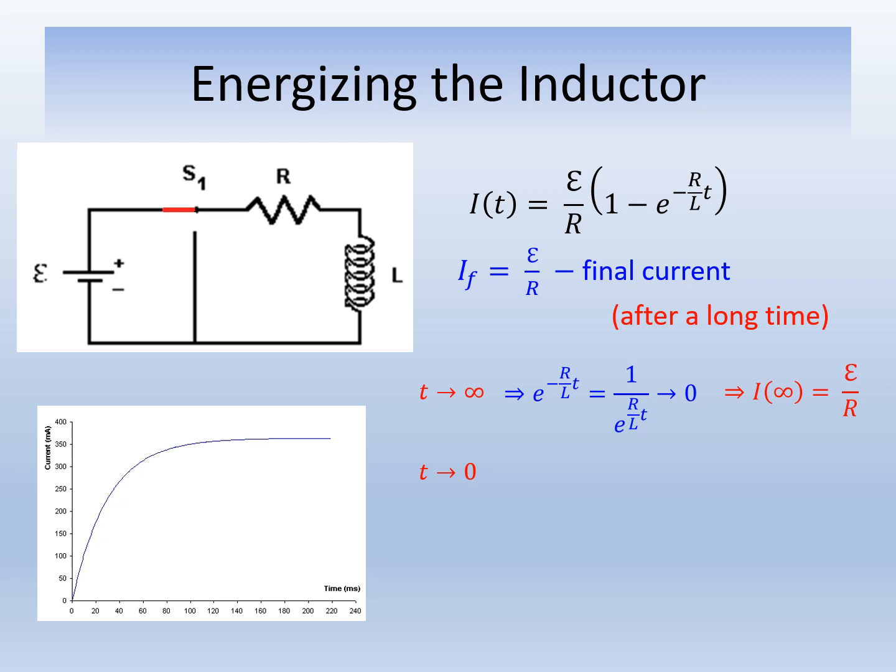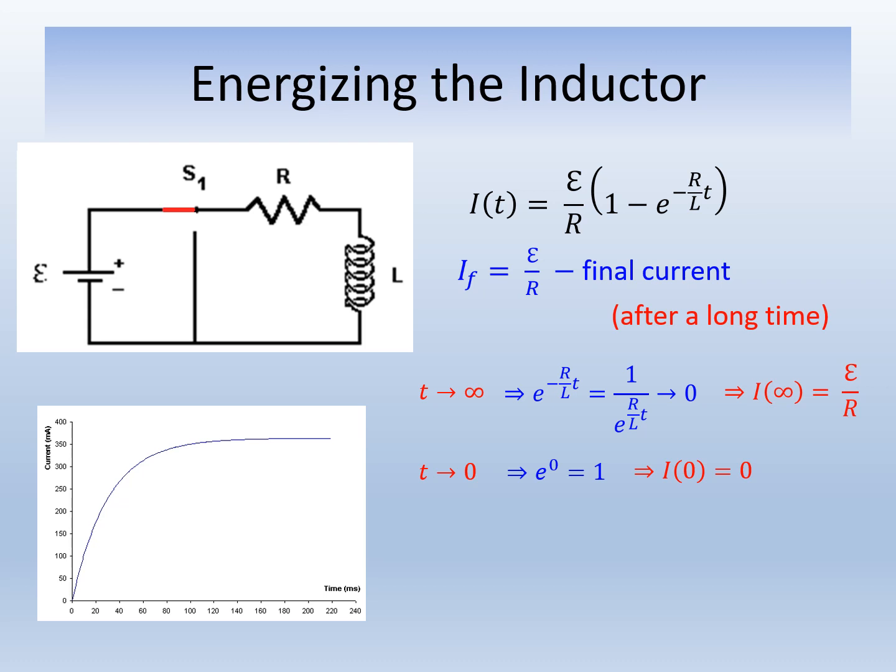When t goes to infinity, the current is the battery potential difference divided by R. But at t equals 0, the exponential term is 1. e to the 0 is 1, and therefore the current is 0. In between, the current increases smoothly from 0 to E over R. And therefore, the final current is E over R. That happens after a long time. That is what we call t goes to infinity.